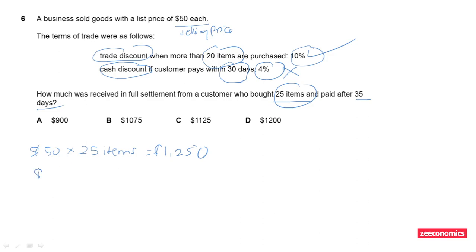So $1,250 multiplied by the 10% discount is equal to $125.